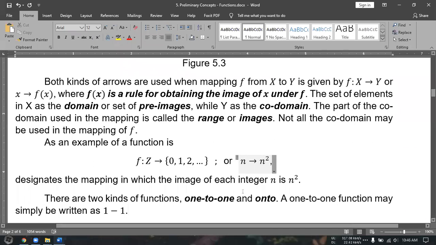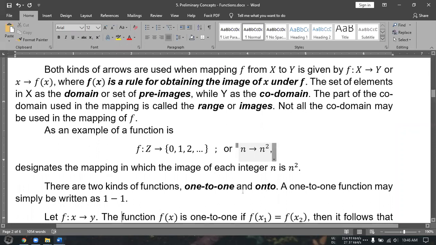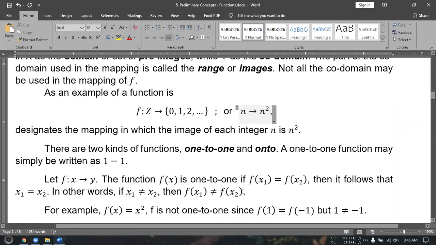Now, there are two kinds of functions: one-to-one and onto. A one-to-one function may simply be written as one-to-one. So for example, let f be the mapping where x maps to y.